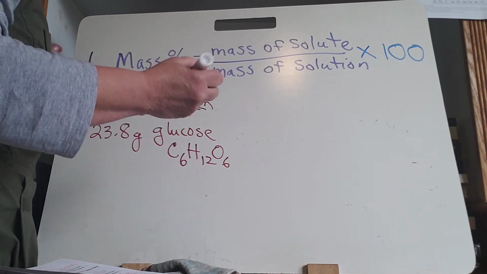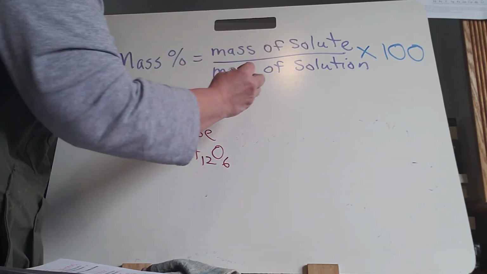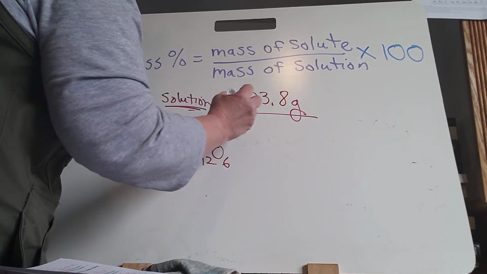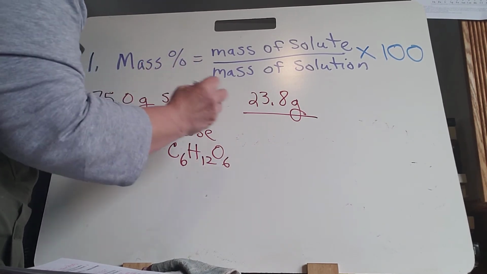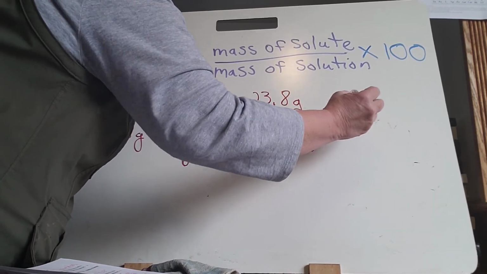And we should have, my solute is the glucose, 23.8 grams, divided by my solution, 75.0 grams, times 100.